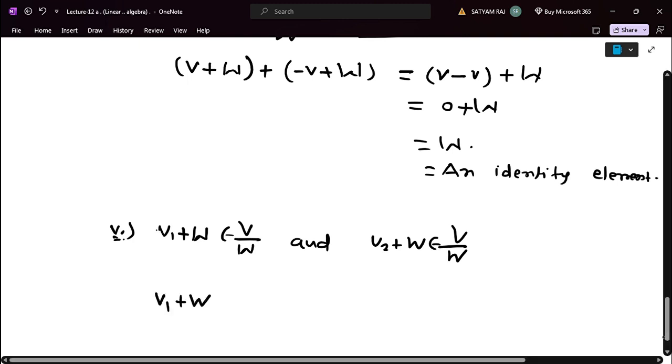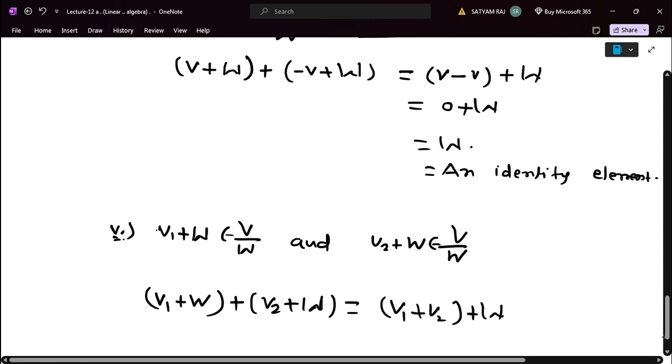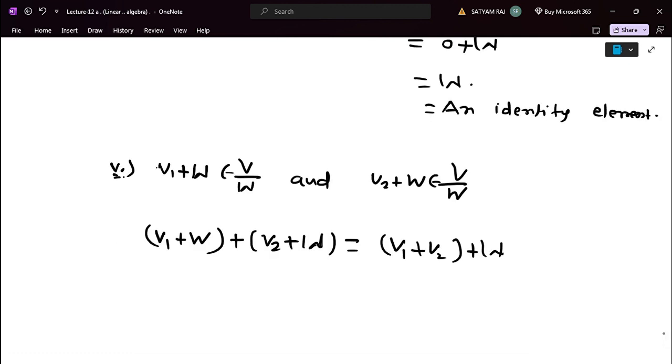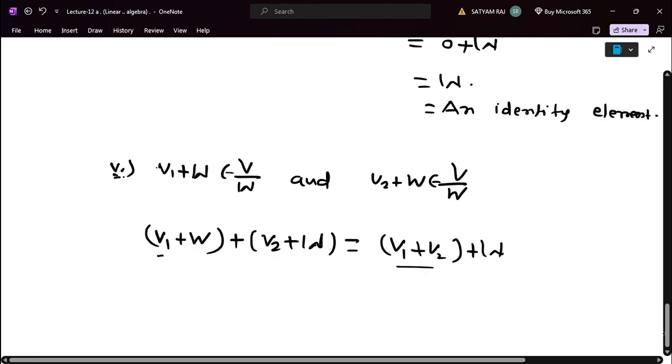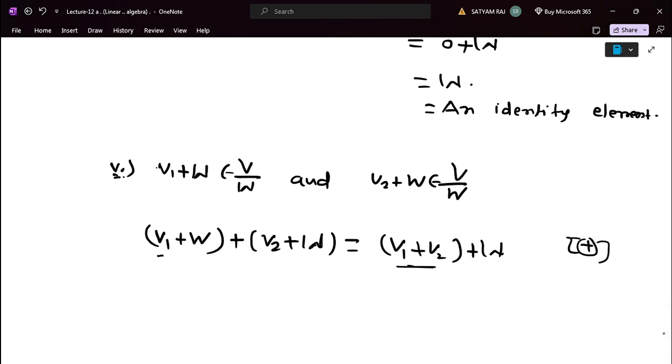So add v1 plus w to v2 plus w. What we got here? v1 plus v2 plus w. How we got here? We have used only the definition of plus, that we will add v1 to v2 and then w.